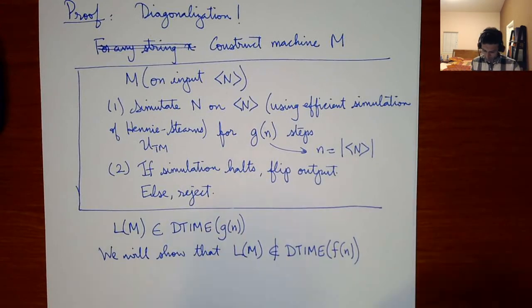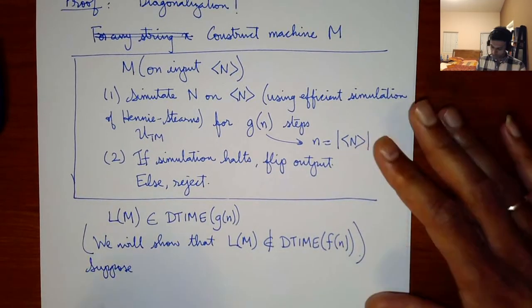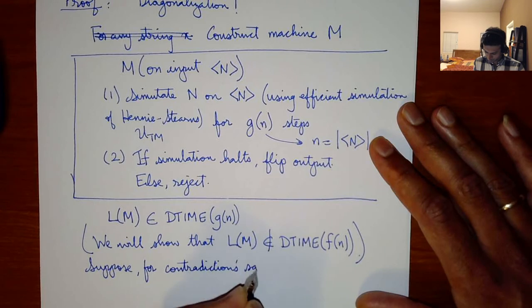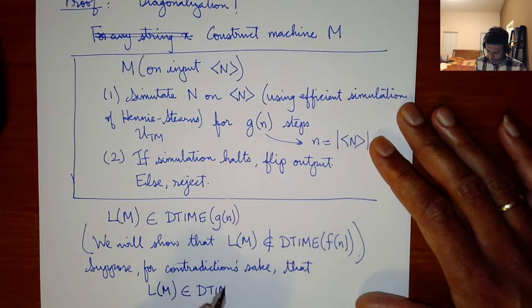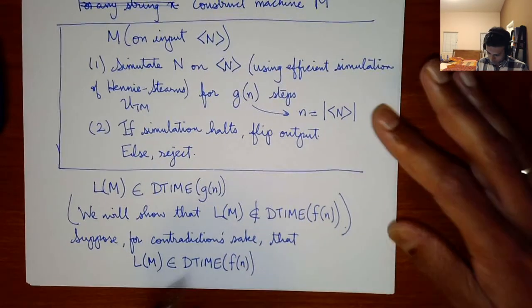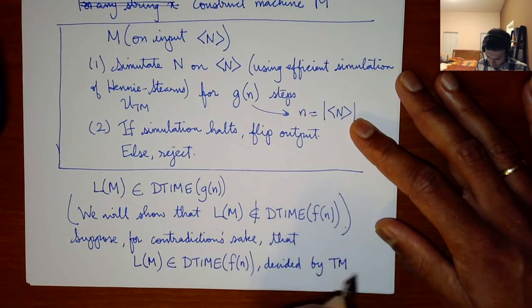Okay? So suppose not. This is what we're going to show. Suppose, for contradiction's sake, that this language was actually in DTIME f of n, decided by a Turing machine M prime.